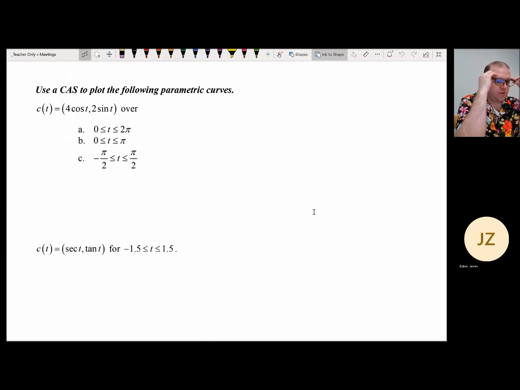Looking at the parametric curve given by secant t, tangent t, for negative 1.5 less than or equal to t less than or equal to 1.5.